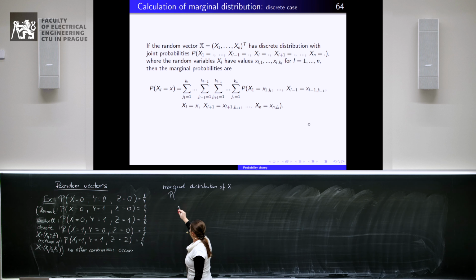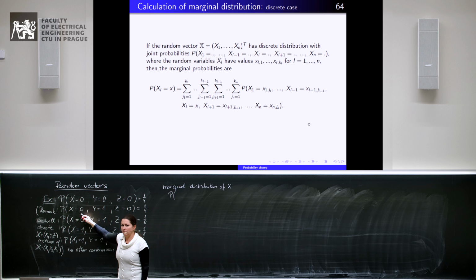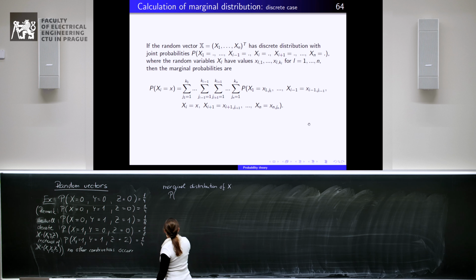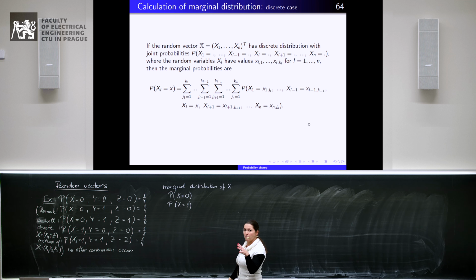We look at which values can be taken by X. And we can see from these combinations that X can take only 0 or 1. So the distribution of X is the distribution of the probability 1 between two values 0 and 1.